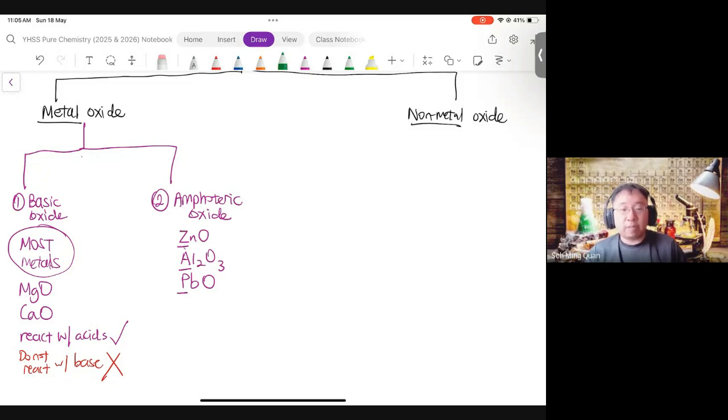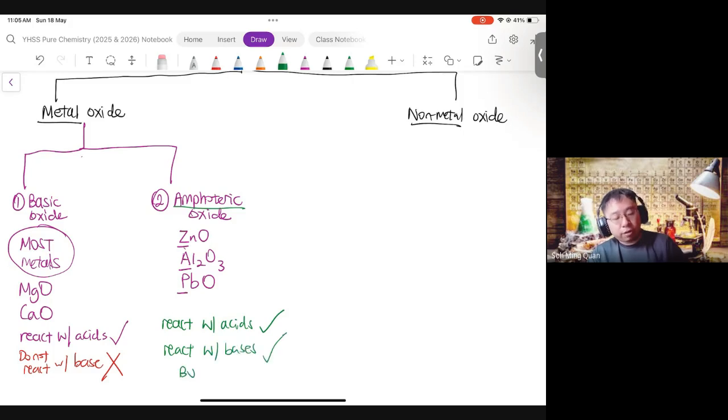A good way to do an experiment to find out is, if it's amphoteric it means it reacts with acid, yay, but it also reacts with bases. It reacts with both. Okay? So an amphoteric oxide will be able to react and dissolve in HCl. It will also dissolve in NaOH. That's the meaning of amphoteric.